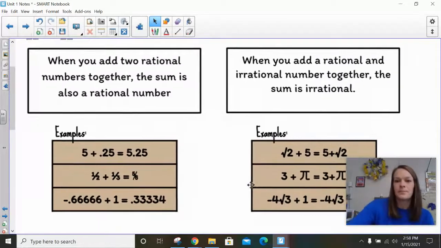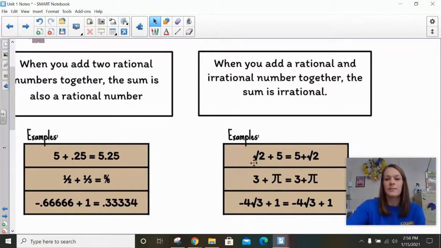Over here, square root of 2 is irrational, 5 is rational, and you can't really add those together, so it stayed like that and it stays an irrational number. 3 plus pi is just 3 plus pi, and it stays irrational. Same thing with the last one.